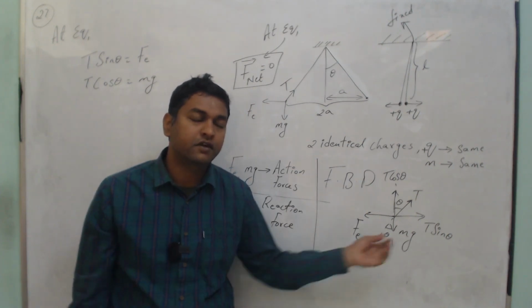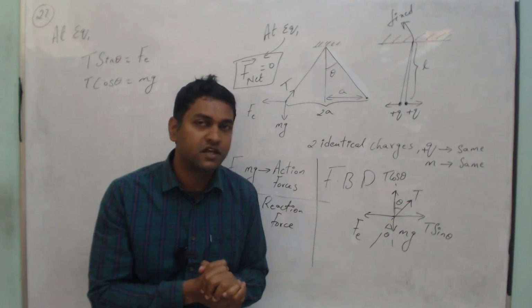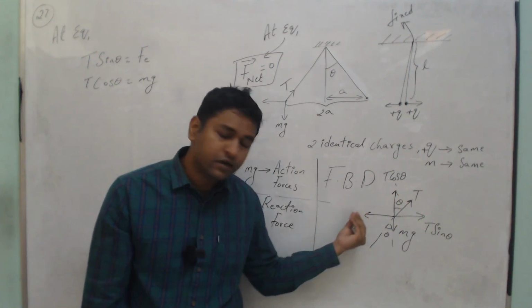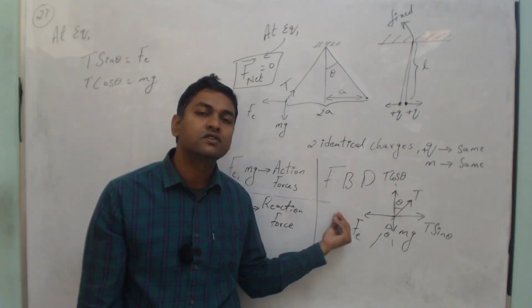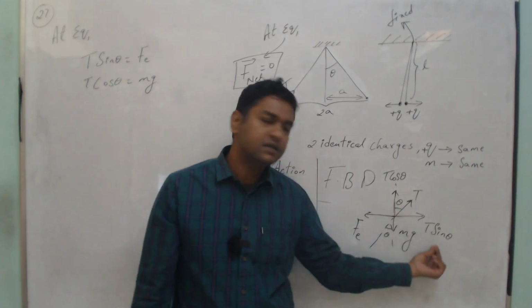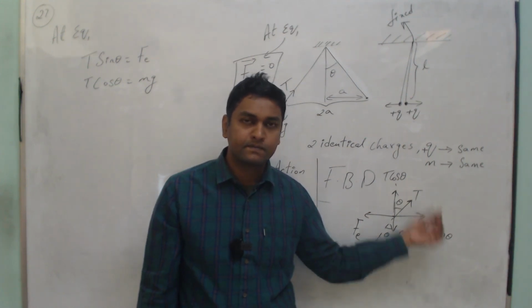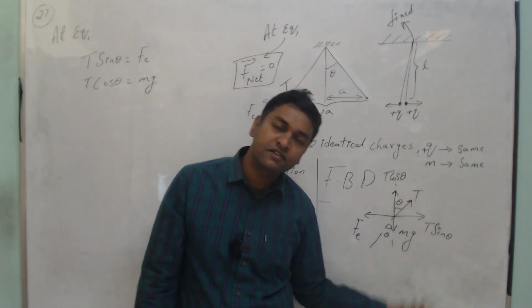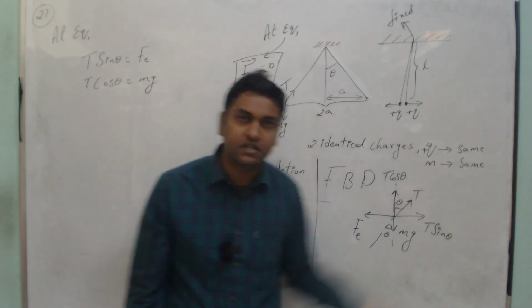If you look at electrostatic force and gravitational force as two different scenarios, if only electrostatic force is there, who is the sole person who is basically cancelling it? T sine theta. If only gravitational force, the sole person who is cancelling it is T cos theta.